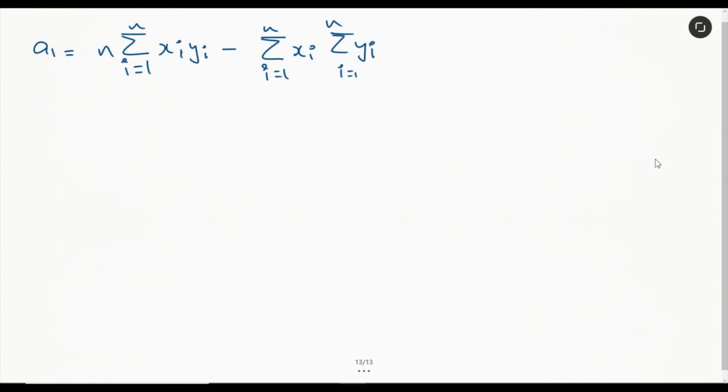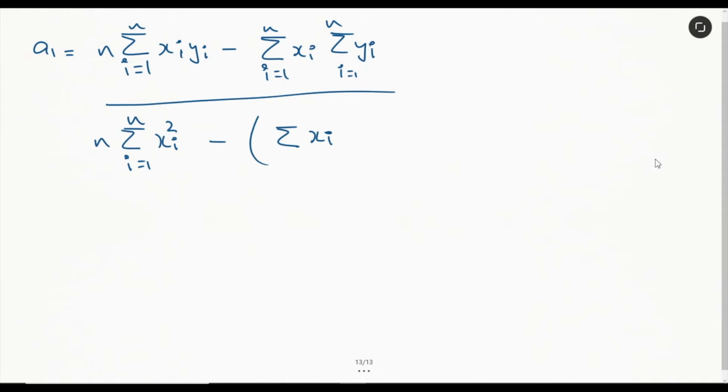So let's see some of these constants and how to calculate them. For all the data provided, this a1 can be given as the sum of xi yi for i equal to 1 to n, times n, minus the product of the sum of xi and the sum of yi, each from i equal to 1 to n, divided by n times the sum of the squares xi square from i equal to 1 to n, minus the square of the sum of xi from i equal to 1 to n.